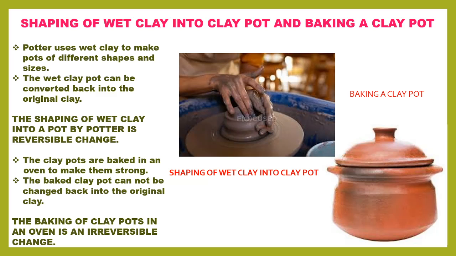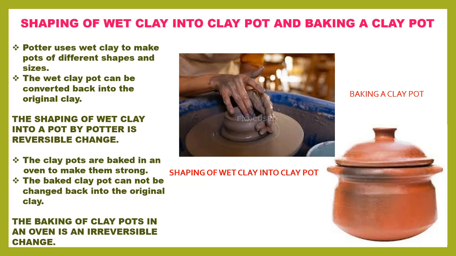So by this experiment we have seen that the same material, that is clay, can undergo reversible as well as irreversible change. When it is only used for making a pot without baking, it is reversible. When the pot is baked into a hard and permanent structure, then it cannot be transformed into the original clay.